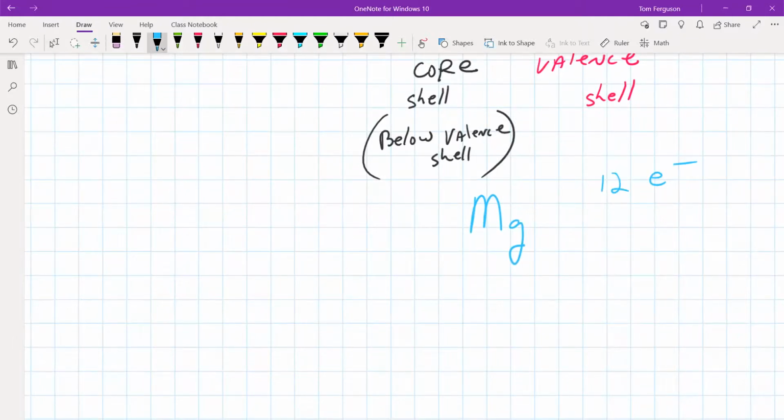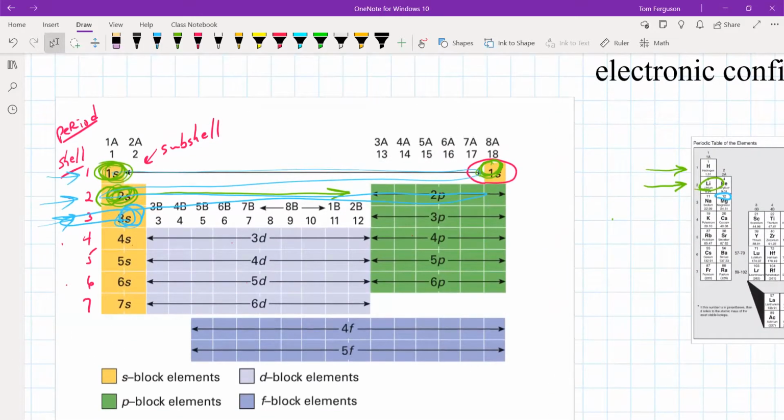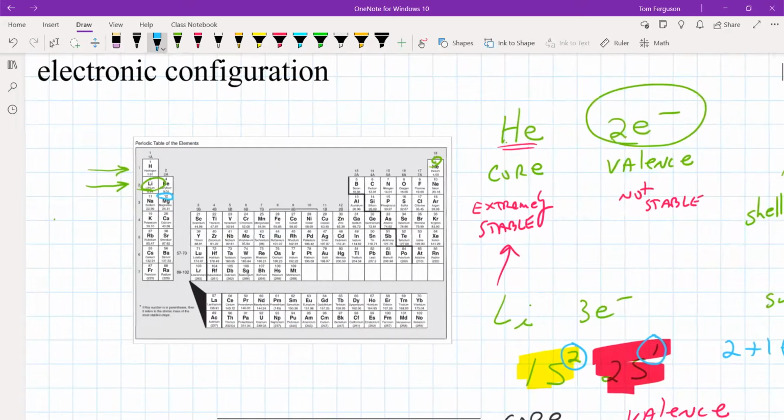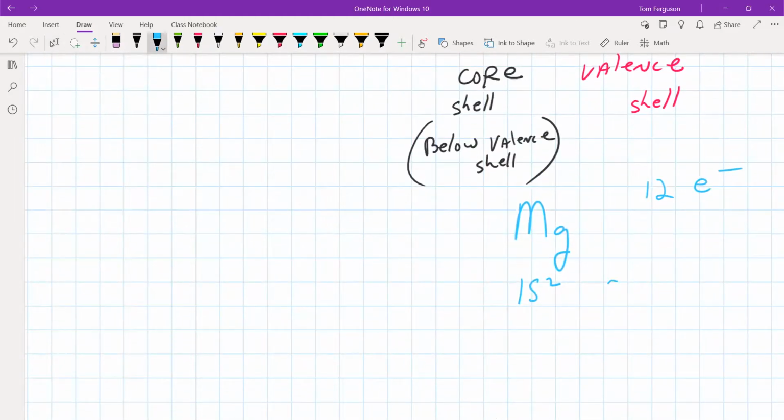Okay, so when we're going through the first level shell, that's 1s2, 2 electrons. Then we went to shell 2, 2s2, 2 electrons, 2p6, 6 electrons. Okay.